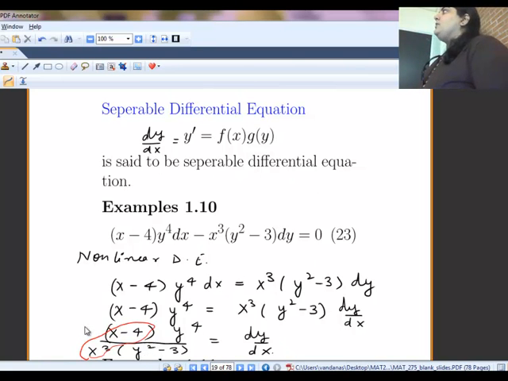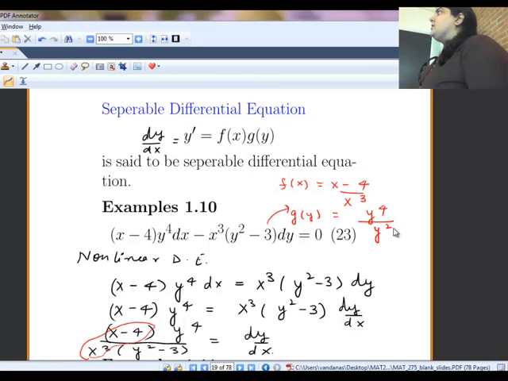Right? So my function f(x) for this problem is (x minus 4) divided by x cube, and function g(y) will be y to the power 4 divided by (y square minus 3). So is that okay?